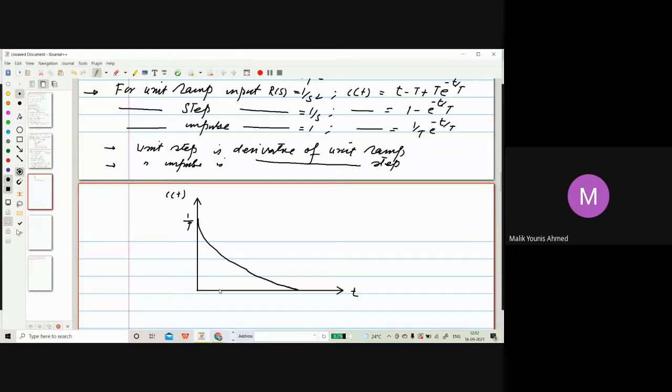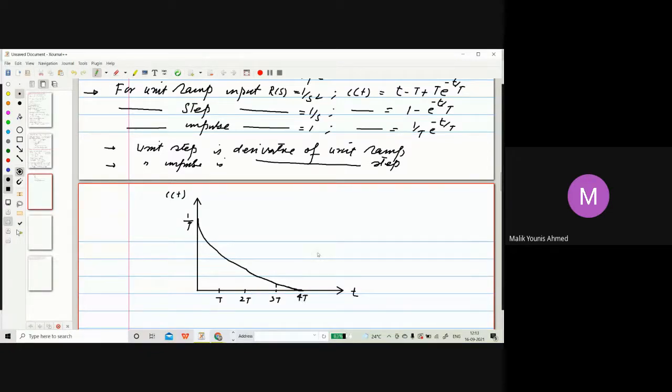Then we can mark T, then 2T, and then 3T, and somewhere here we can take 4T.